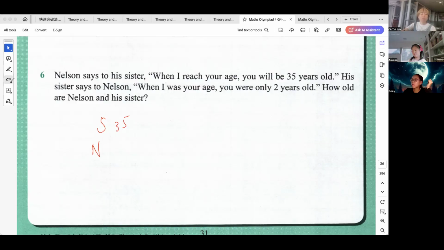Not Nelson 35. So Nelson said to his sister, when I reach your age, you'll be 35. So sister will be X right now, and Nelson, I don't know how old, right? And sister said to Nelson, when I was your age, Nelson was only 2 years old. So when sister is 35 minus 2X, Nelson is only 2 years old, correct?